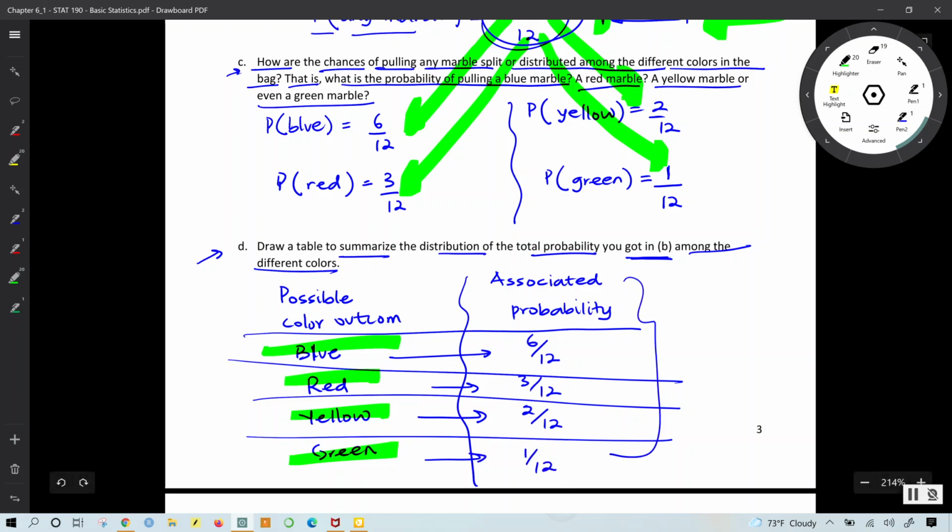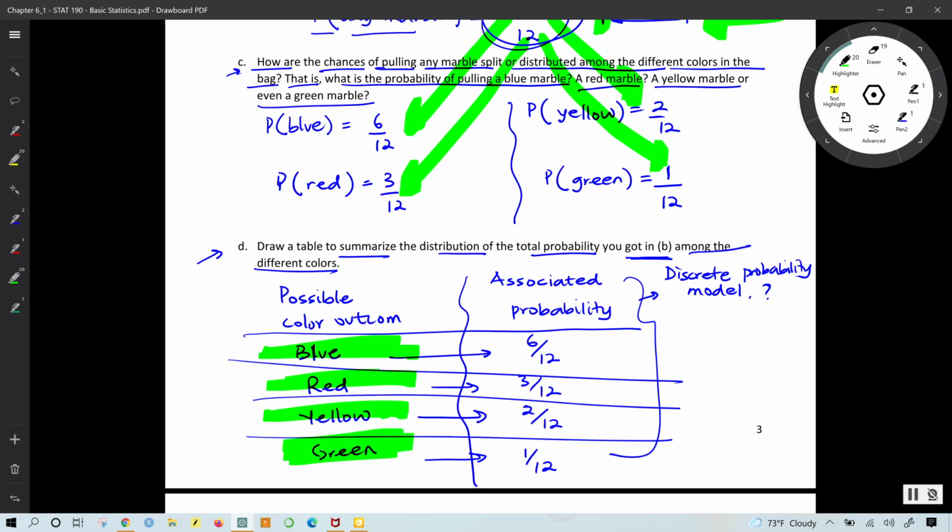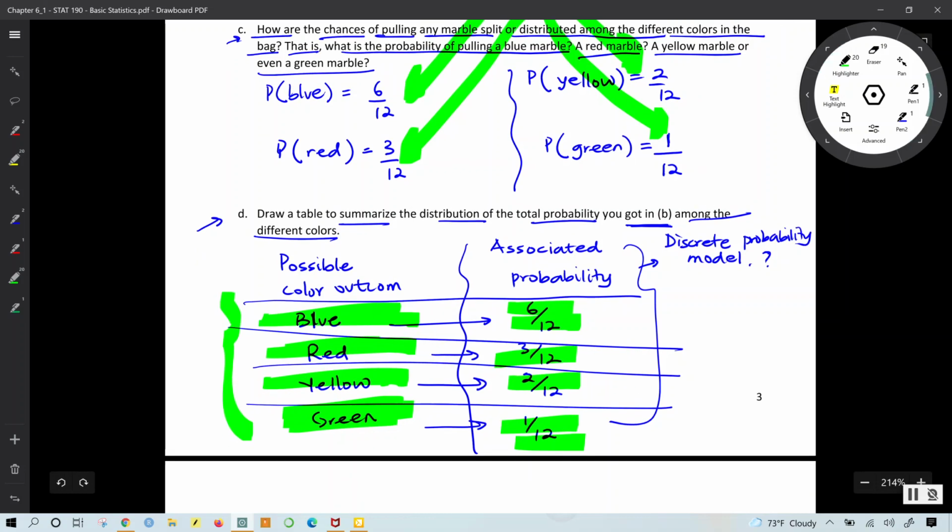This table is an example of what is known as a discrete probability model. How so? First, it documents the possible outcomes of drawing a marble of any color from the bag and the associated probabilities for each possible outcome. Then, another reason is very, very important.